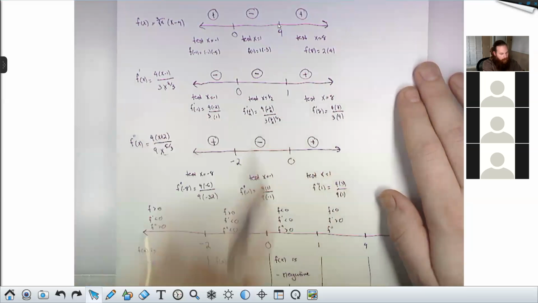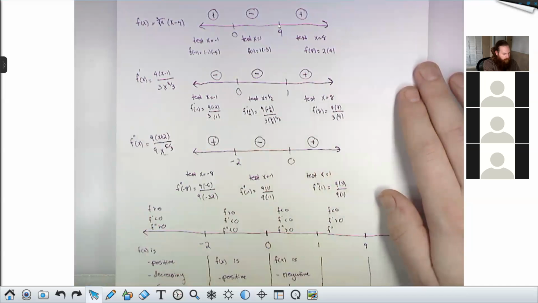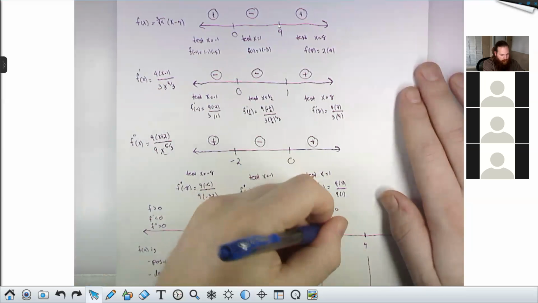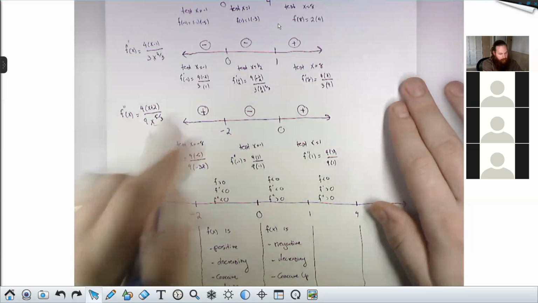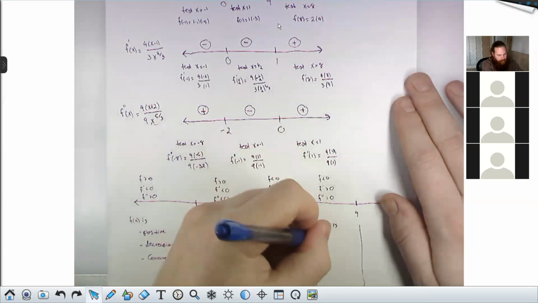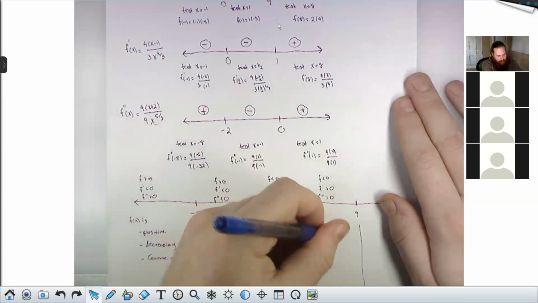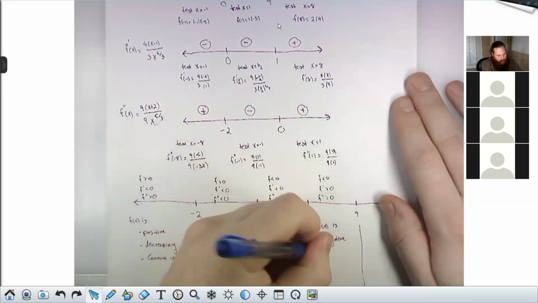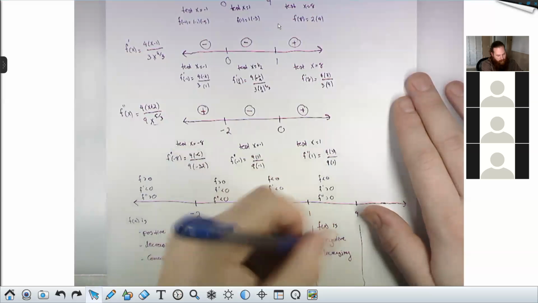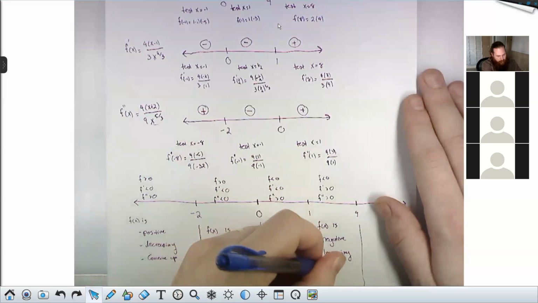And f double prime between 1 and 4 is positive, right? F double prime changes sign for the last time at 0, never changes sign again. So we stay concave up. So f of x is negative, increasing, and concave up.